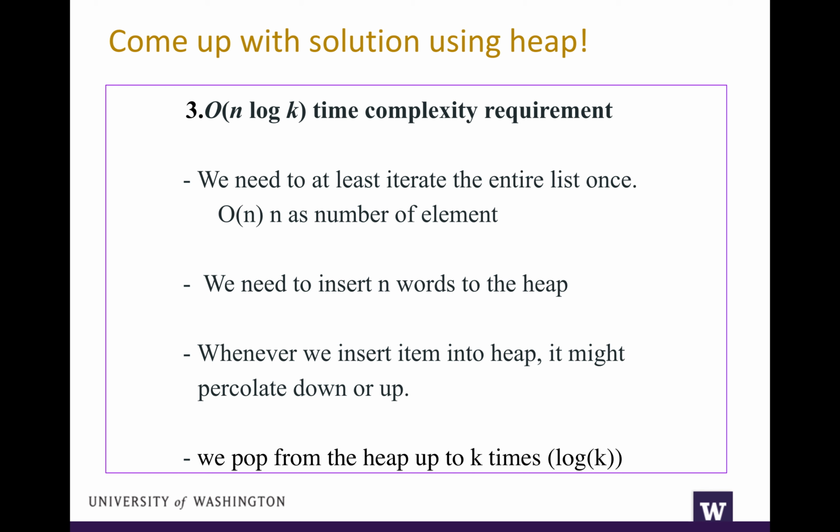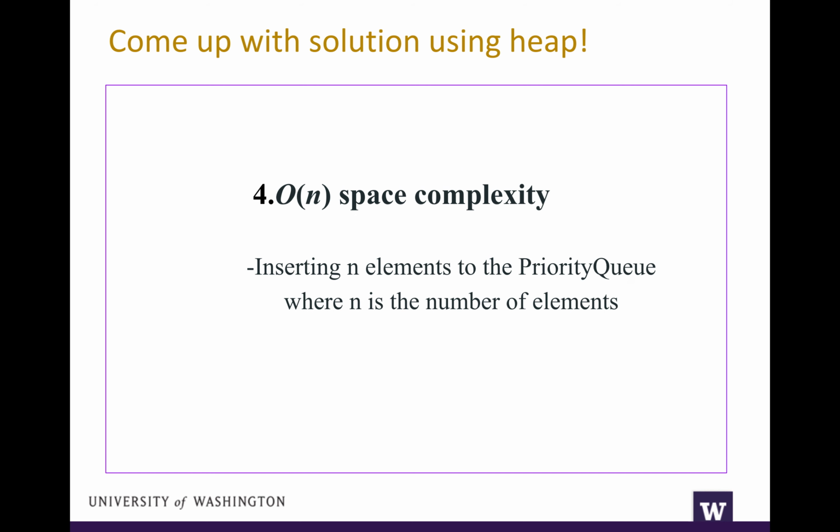That's still going to be log time, right? But then we're only going to do that with k items. So it'd be log k, unlike log n, compared to where we are using Java Collections.sort, right? So space complexity, like you probably guessed, is still O(n), because n is the number of items, right?